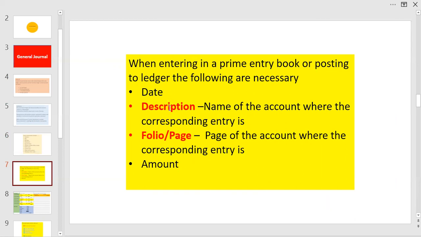One, date. Two, description. It is not describing anything, but primarily the name of the corresponding account where the other entry would be has to be mentioned. Folio, page, reference, where the corresponding entry is. Next one, amount of course. Students, we have introduced a slide, understanding of which will be very useful later on.